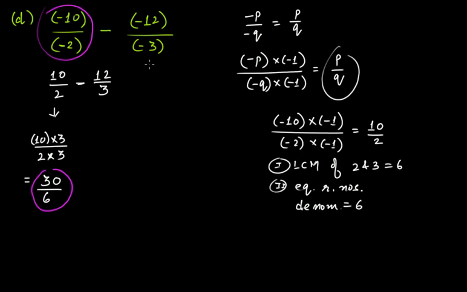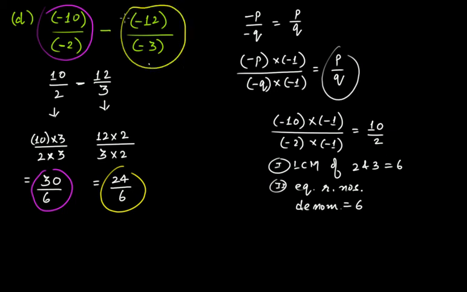In this case, you have 12 over 3. So what number should we multiply 3 with such that the denominator becomes 6, clearly with 2? So you have to multiply 12 with 2 also, and you get 24 over 6. So this 24 over 6 is the equivalent rational number of this minus 12 over minus 3 such that the denominator is 6.